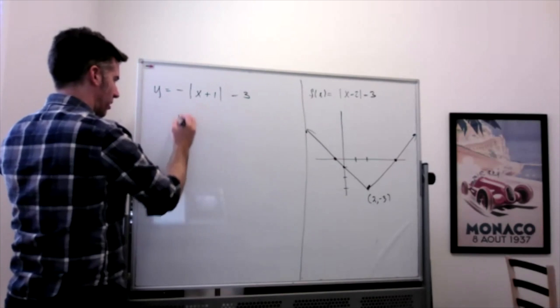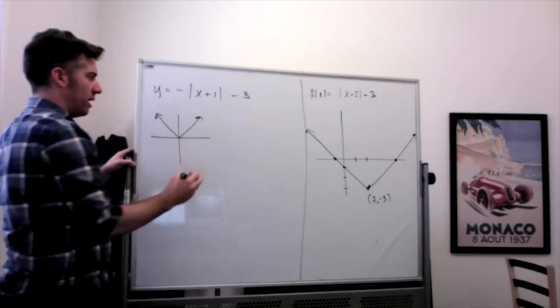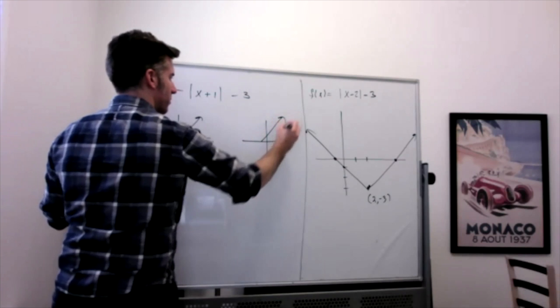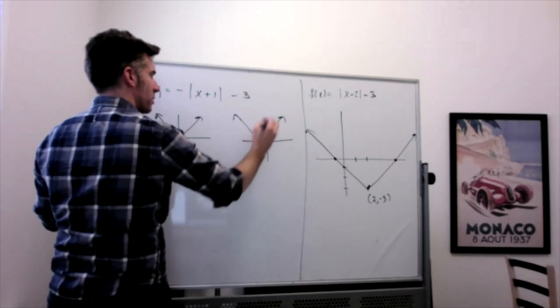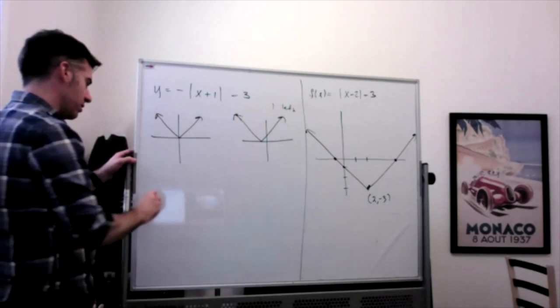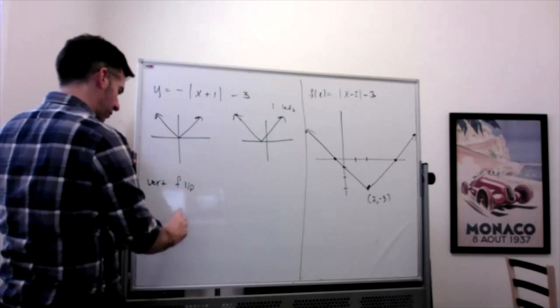So I'm taking my original absolute value function, which looks like this. I am shifting it 1 to the left. Then I'm flipping it vertically, or reflecting it vertically.